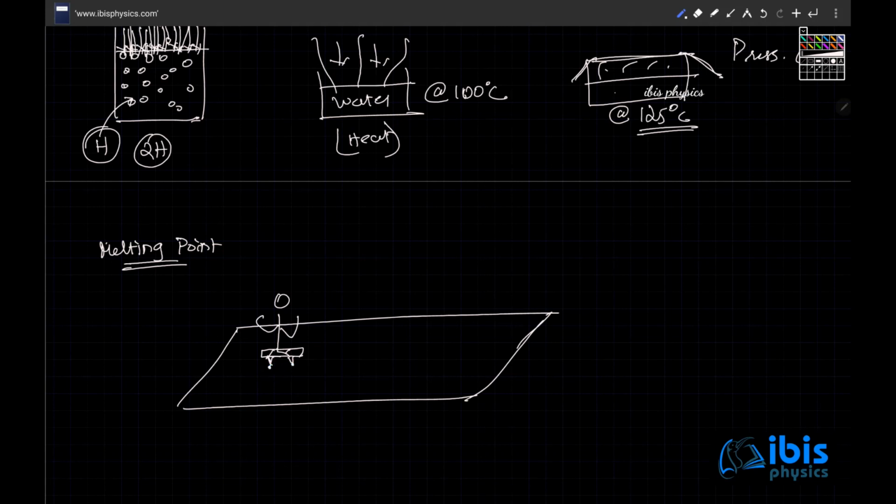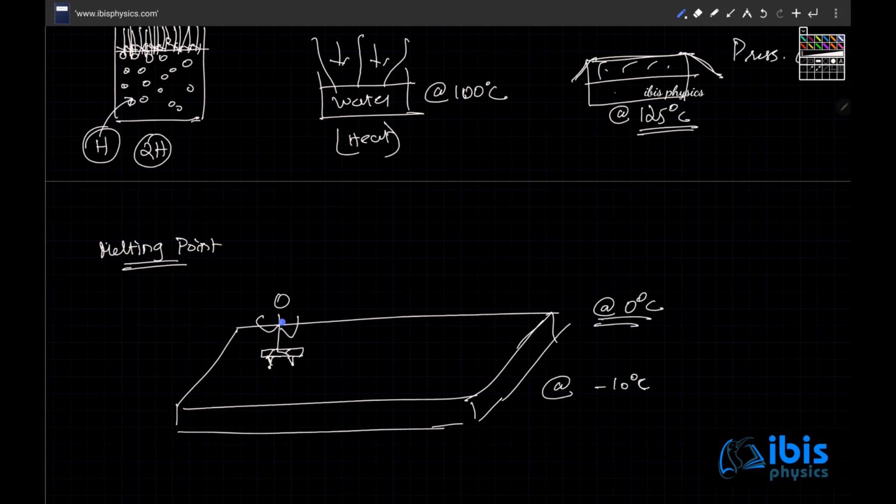When pressure increases, usually this ice floor is kept at, let us say as one example, minus 10 degrees Celsius, because ice melts at only 0 degrees Celsius. But when the person is standing, his entire weight is on a small area. At these points only, the pressure increases. When the pressure increases, even at minus 10 degrees Celsius, the ice melts.